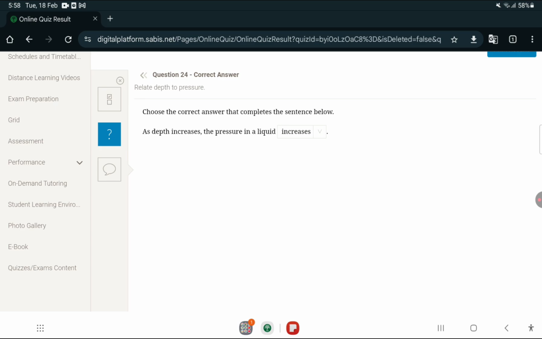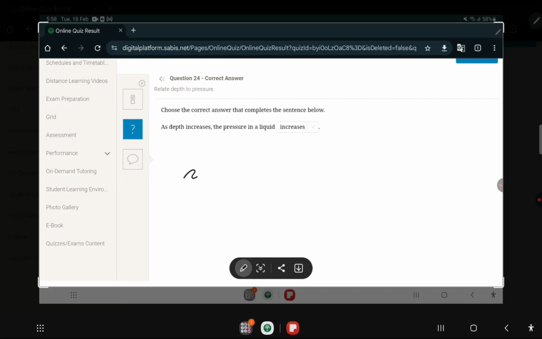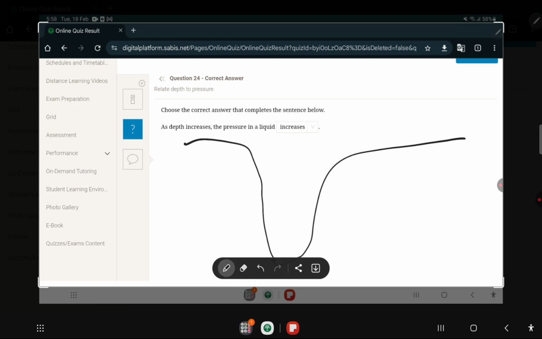As depth increases, the pressure in a liquid increases. Think of it like this. Let's say, for example, this is the Mariana Trench. This is all the water. Let's say you are swimming here. The only force acting on you is the water, like this, at normal.